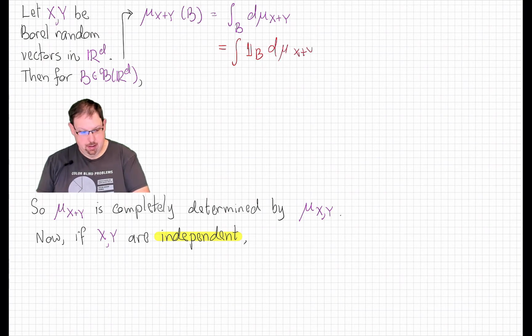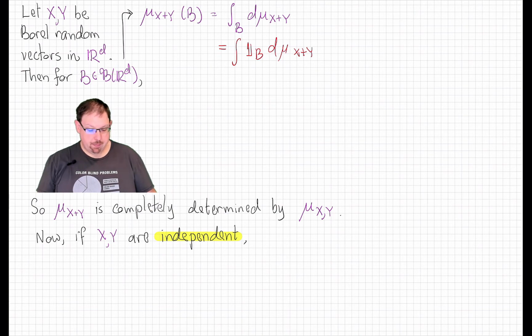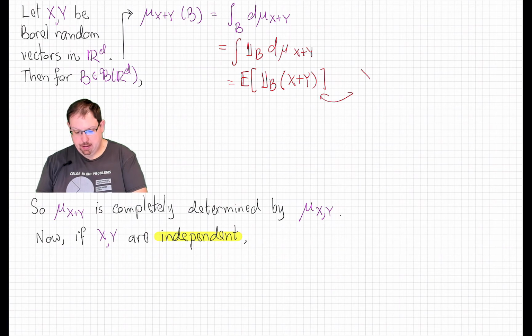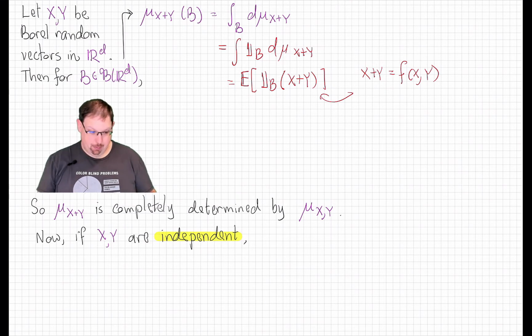against that law. And now we're going to use the change of variables formula for this random variable, which says that that is the same thing as the expected value of this Borel function composed with the random variable X plus Y. But X plus Y is a Borel function of X and Y together. F is the Borel function x plus y.